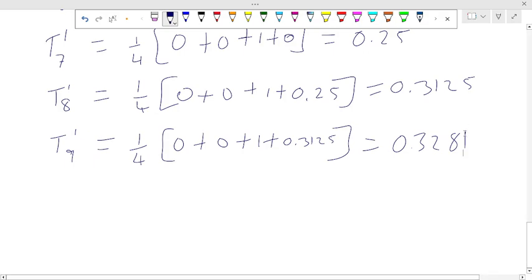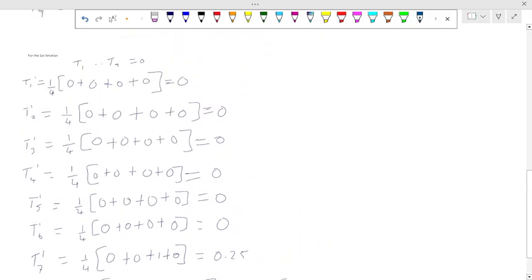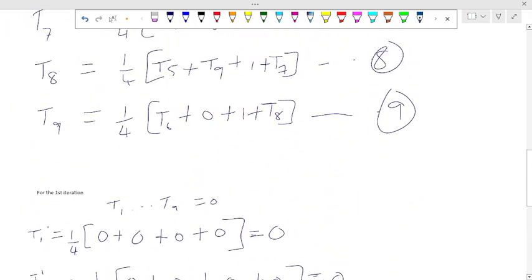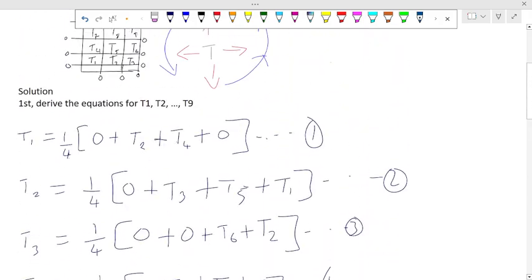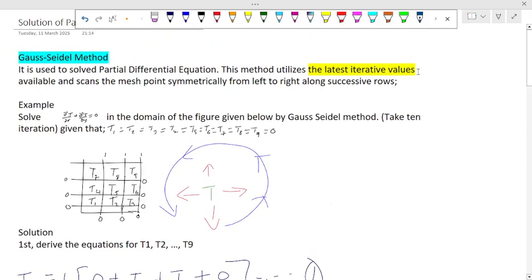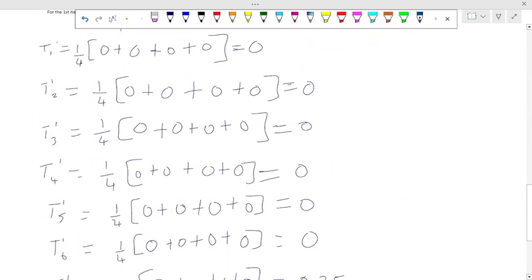So now we've gotten T1 to T9 in the first iteration. Now for the second iteration, recall that we are asked to do up to 10 iterations. So we've done 1, we have 9 to go.